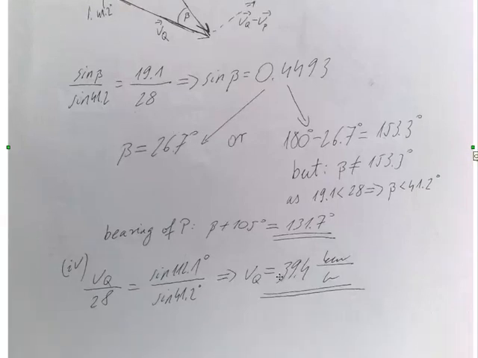So we get that VQ is equal to 39.4 kilometers per hour.